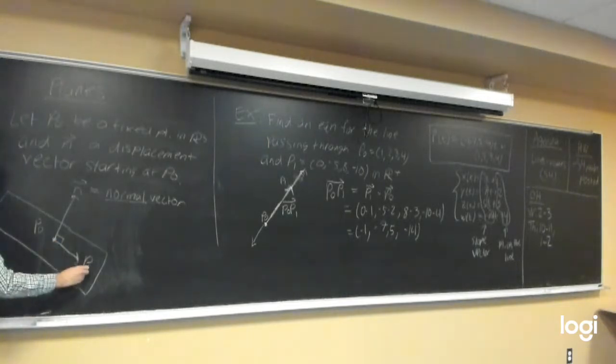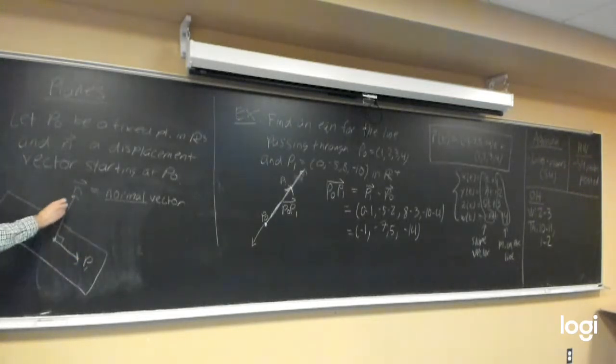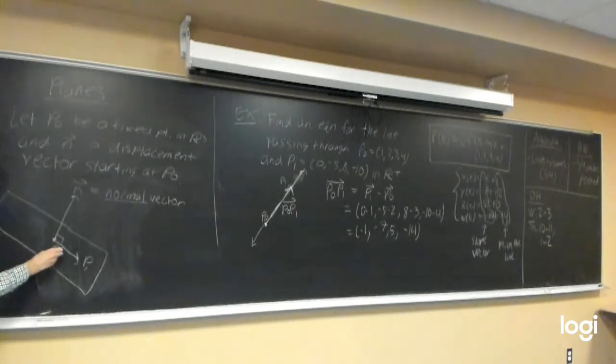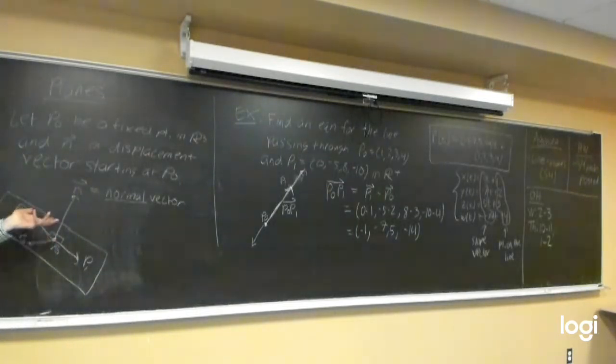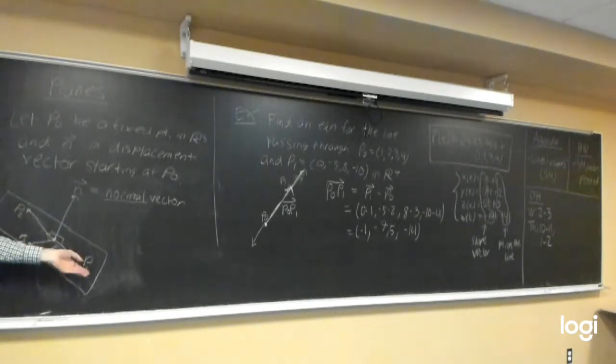So if we pick this point P1, if P1 is in the plane, then the displacement vector from P naught to P1 is going to be perpendicular to N. If we had another point in our plane, let's say P2, then the displacement vector from P naught to P2 should also be perpendicular to our normal vector N. If I had another point, P3, that lies in our plane, then the displacement vector from P naught to P3 should be orthogonal to N. Our plane is always going to be made up of all these points whose displacement vectors from P naught are perpendicular, orthogonal, to the vector N. So let's write that down.